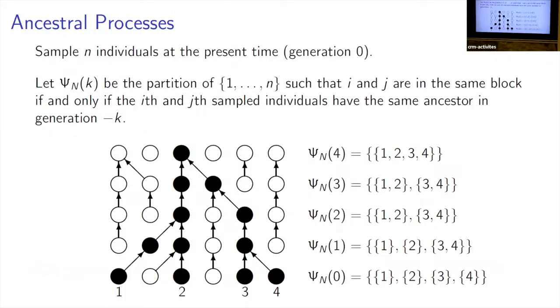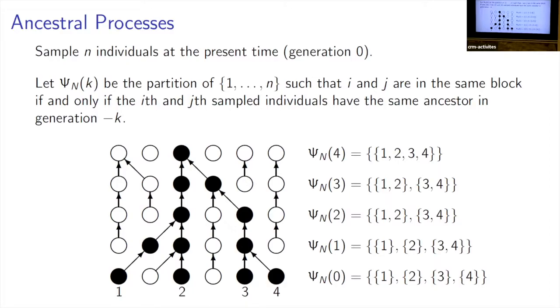Now, the Wright-Fisher model describes how the population evolves going forwards in time, but many problems in population genetics are best described or most easily solved by tracing ancestral lines going backwards in time. So now I want to define the ancestral processes. Let's say we take a sample of n individuals from the population in some generation, let's just say generation 0, and then we're going to trace their ancestral lines backwards in time.